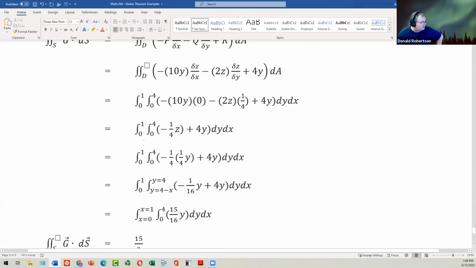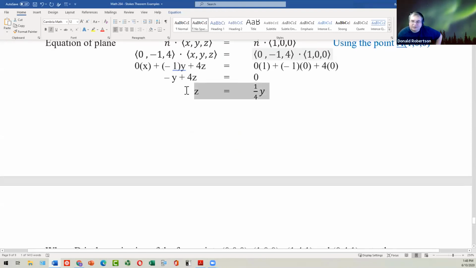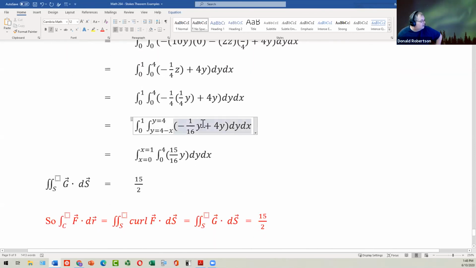That's a rectangle. Now, if you take z, because it's left over, and you replace it by a quarter y, that disappears and becomes just another value of y. Tidy it up, you get this guy.